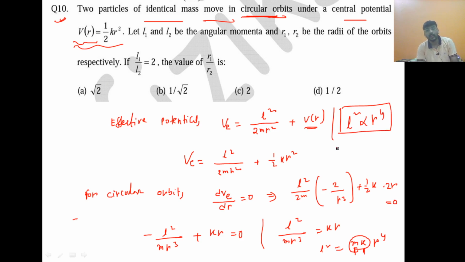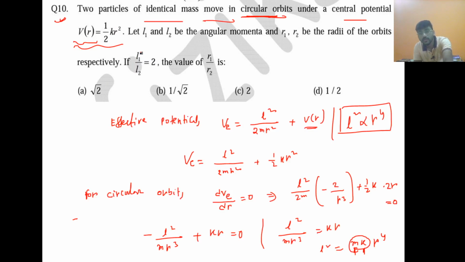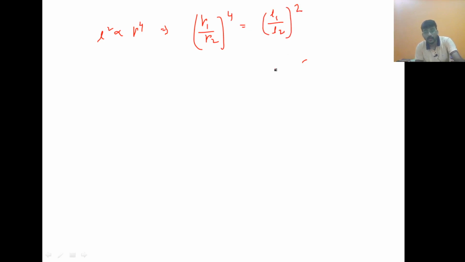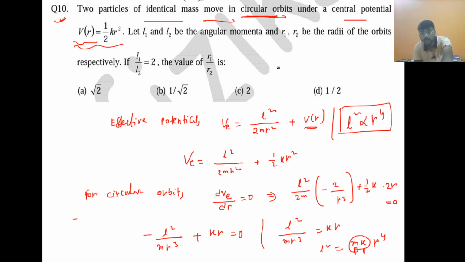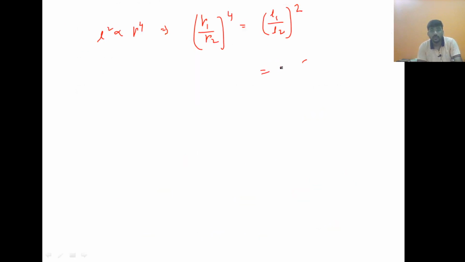So we have to find r1 divided by r2. L square is proportional to r to the power 4, which implies that r1 divided by r2 whole to the power 4 is equal to L1 divided by L2 whole square, and here given that L1 divided by L2 is 2, so it will be 2 square, that is 4.